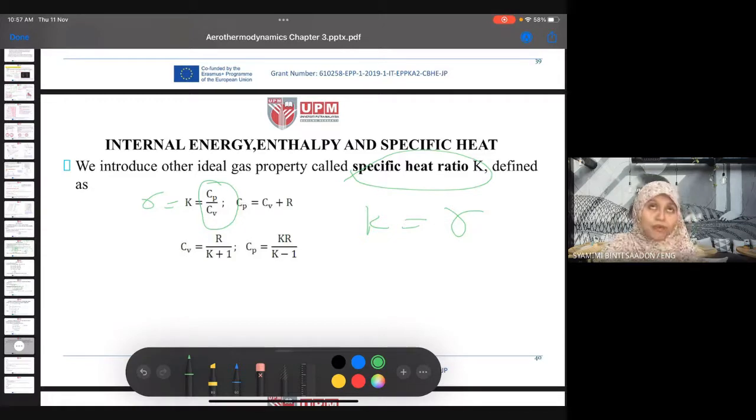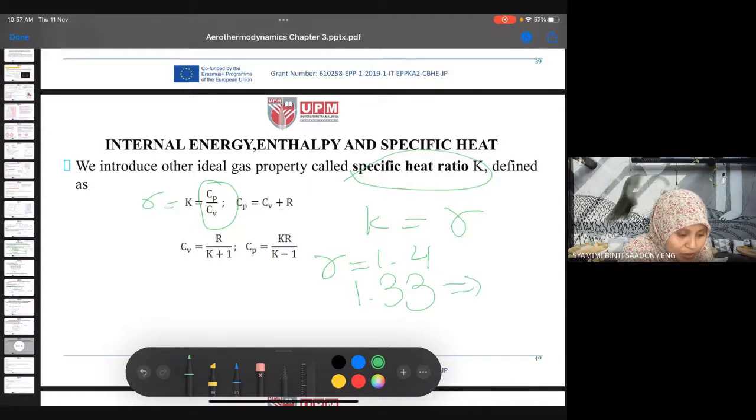So for air, this specific heat ratio gamma equals 1.4 or sometimes 1.33. This one we use a lot in propulsion. This is for ideal gas.